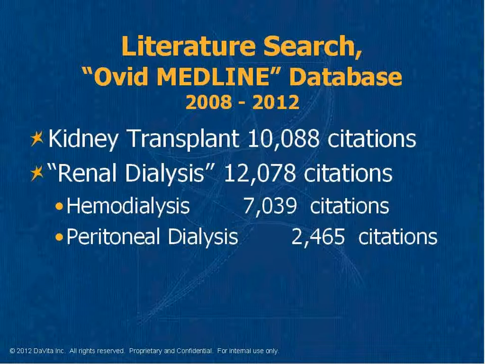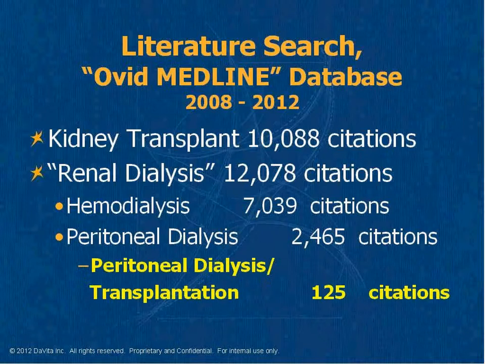Of those, only 2,465 citations were for peritoneal dialysis, and only 125 citations covered both kidney transplantation and peritoneal dialysis. Most of the information that we have in this field is rather limited, but I believe it's good and it allows us to draw some relatively firm conclusions in terms of the feasibility of peritoneal dialysis patients going into transplantation.